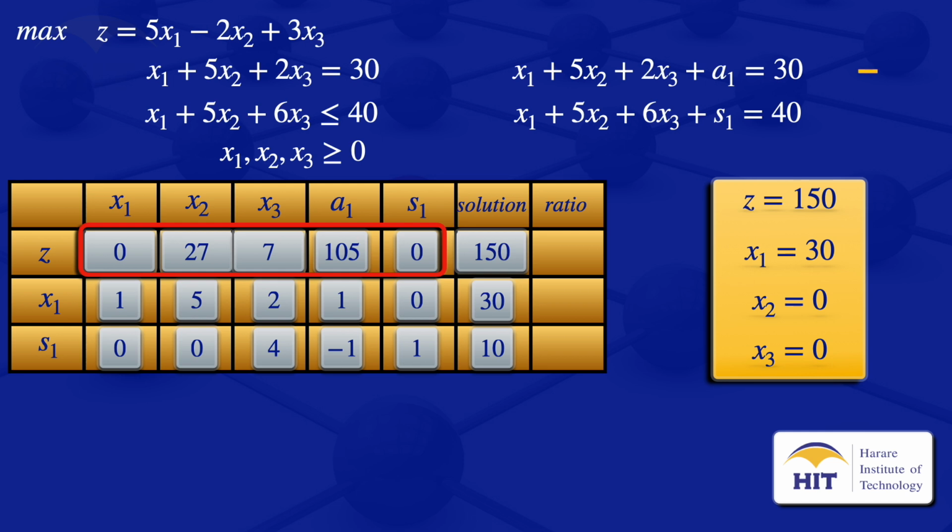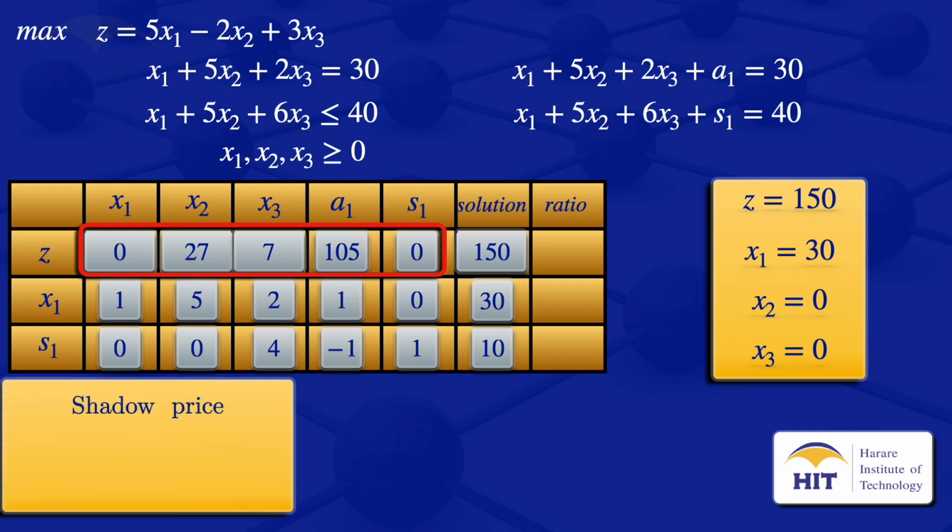Looking at constraint 1, it has an artificial variable a1, so we need to find its shadow price. Since it has an artificial variable, we look at the coefficient of the artificial variable here, and that coefficient is 105. So the shadow price for constraint number 1 is 105.